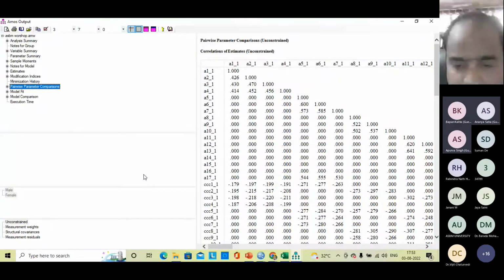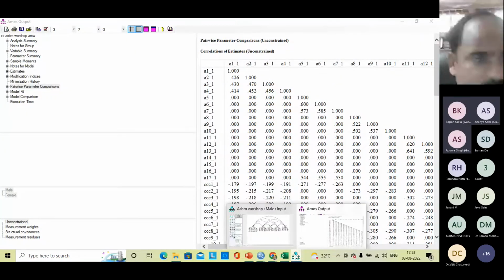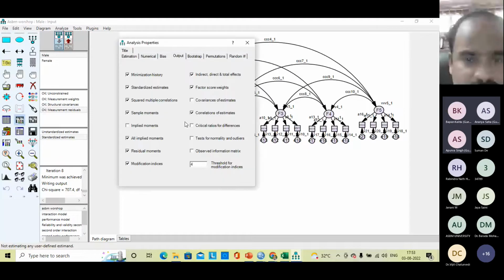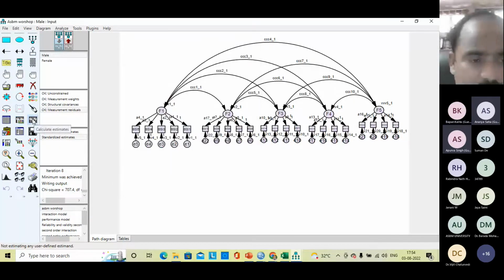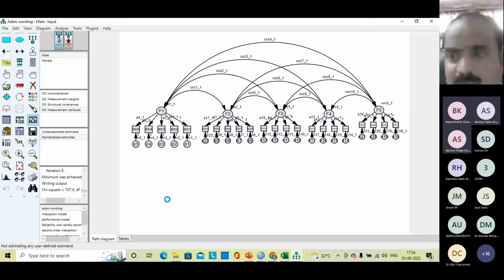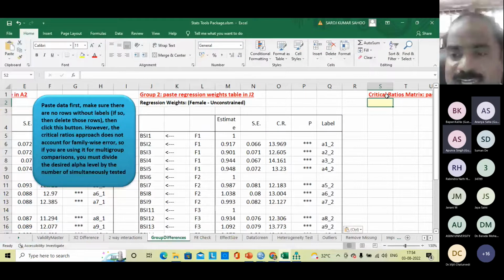I think, have I checked the critical ratio? No, sorry, I have not checked the critical ratio. Again I need to operate because the critical ratio is required. Look at here what is written: critical ratio. So I have not ticked the critical ratio.